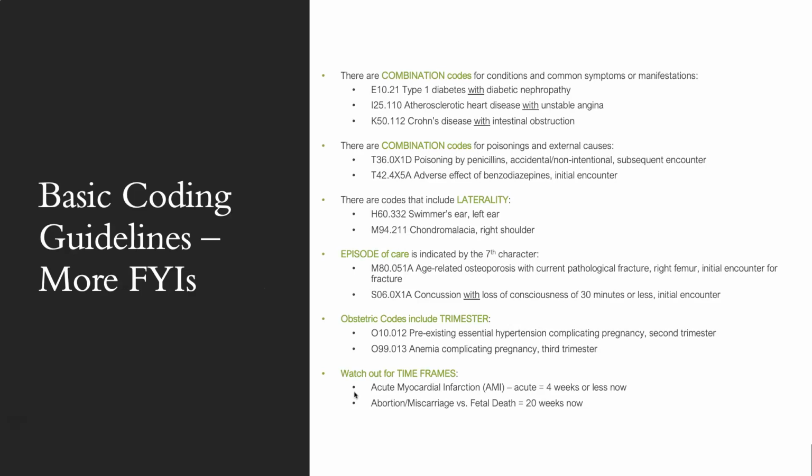After that, it's no longer acute. And with abortion or miscarriage or fetal death, the line is 20 weeks. Before 20 weeks, it's going to be an abortion or a miscarriage. After 20 weeks, it's considered a fetal death. And that's the terminology used in that chapter.